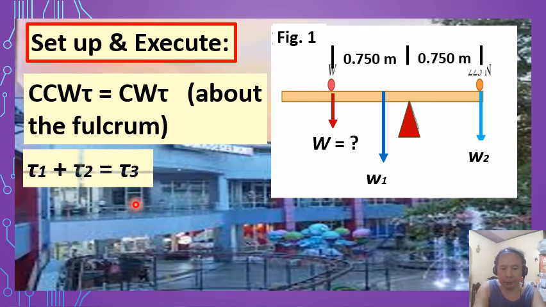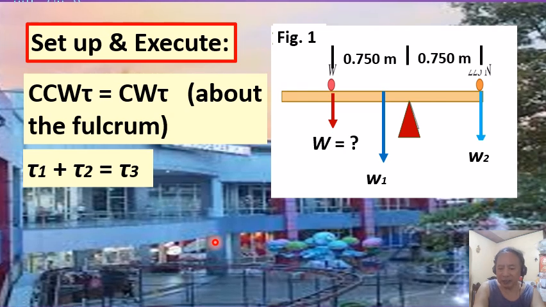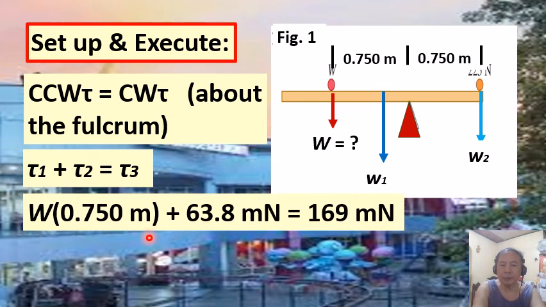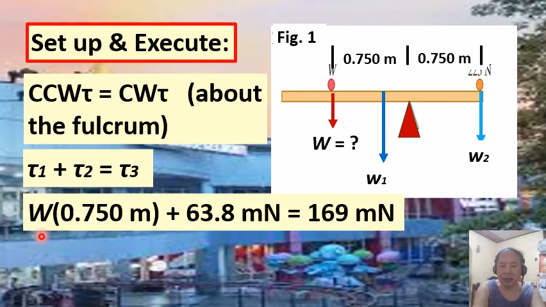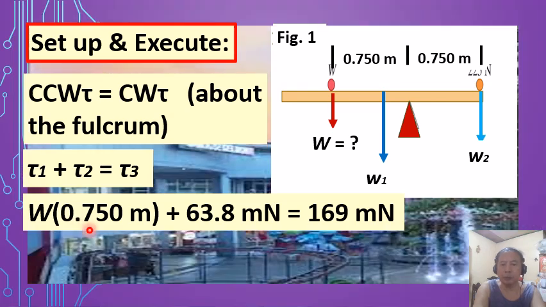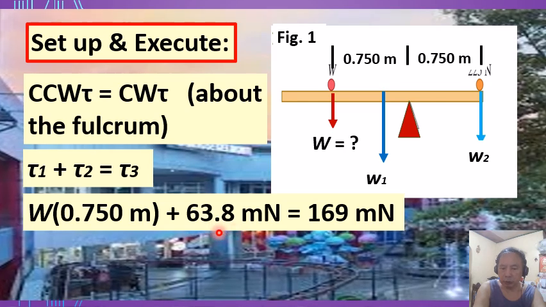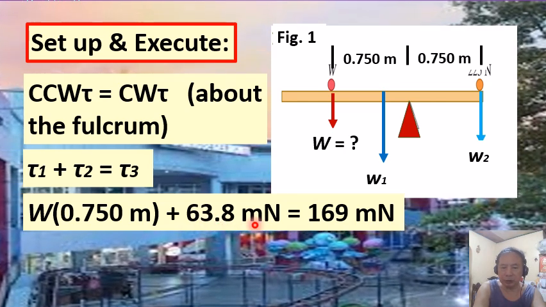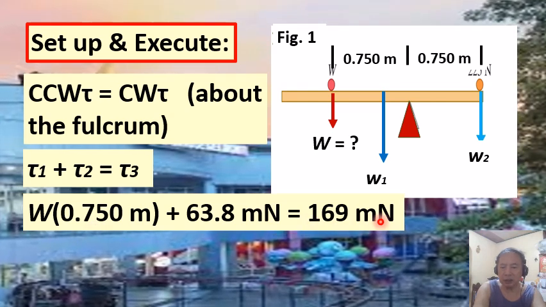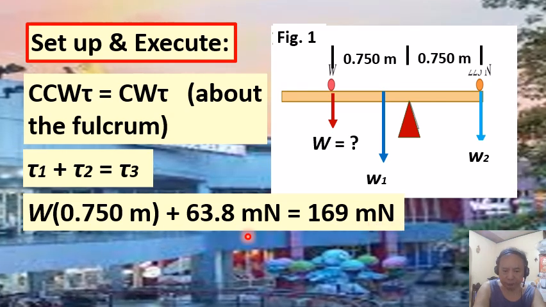Or torque 1 plus torque 2 must be equal to torque 3. Torque 1 was determined earlier as the product of the unknown weight W and its moment arm 0.750 meters, plus torque 2 equal to 63.8 meter Newton, and then their sum will be equated to torque 3, equal to 169 meter Newton.